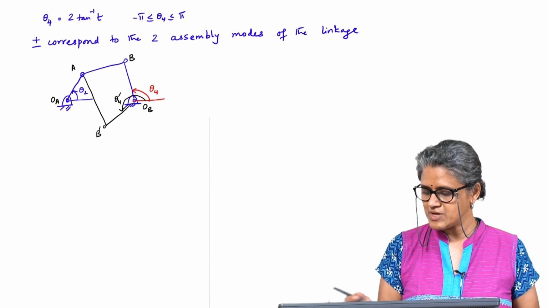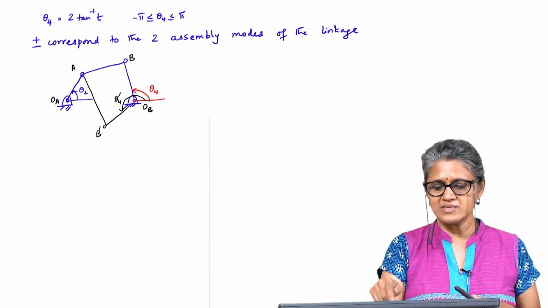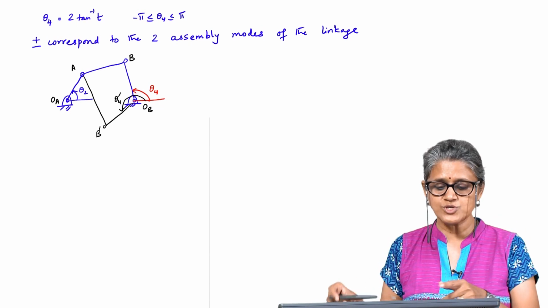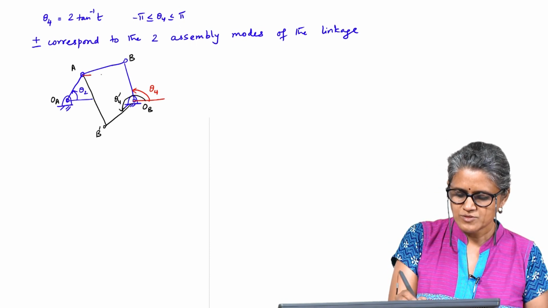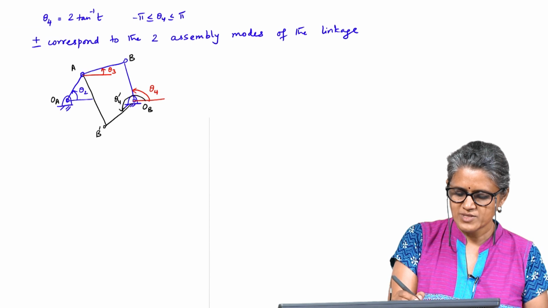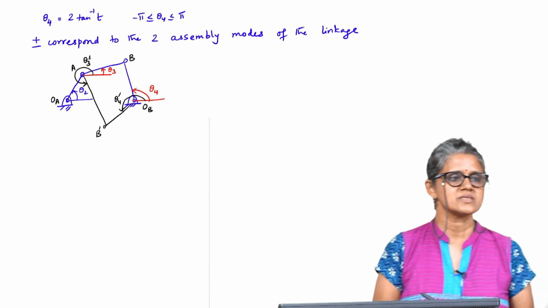You had eliminated theta 3; you go back to that and plug in the two values of theta 4. So, you will get two values of theta 3. For this assembly mode you will get this, and for the second one this will be theta 3 dash.